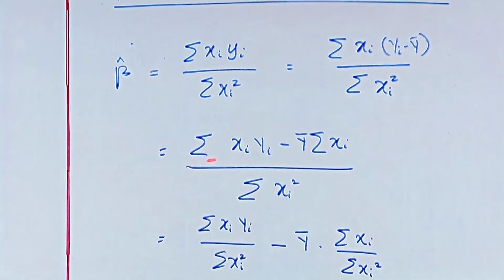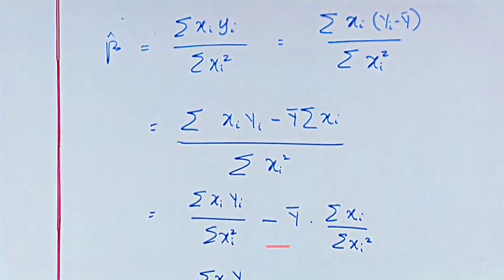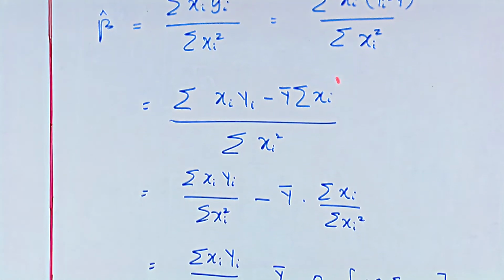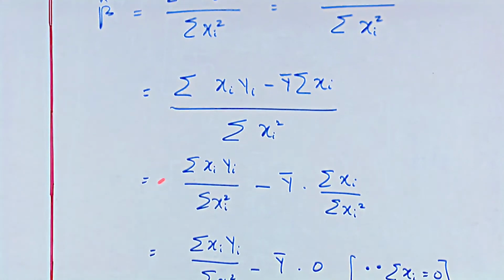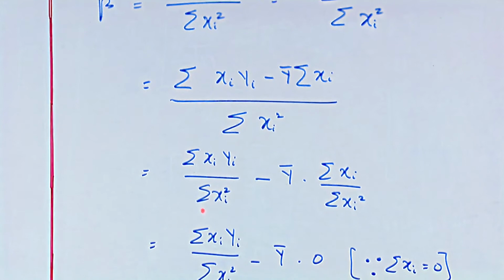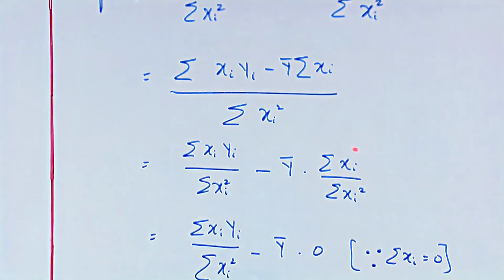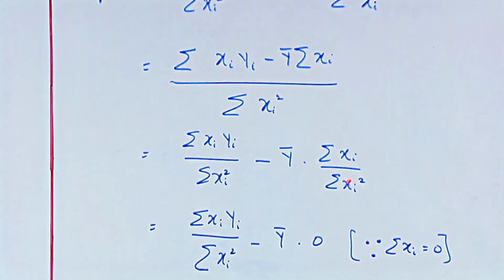And so this expression can be split. So we may get two expressions. The first expression is this one, and the second expression is this. So we get sigma small xi capital yi divided by sigma small xi square minus y bar into sigma small xi divided by sigma small xi square.